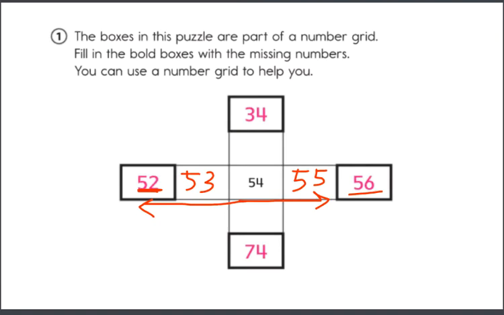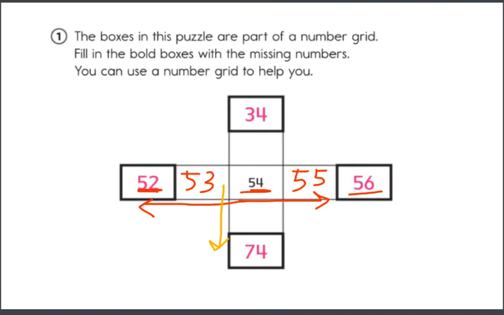Now once again, my number right here in the middle is filled in. And I am looking for the numbers above and below. I know that if I am going to go this way down the hundreds chart, my number is going to get bigger by 10 down each box.